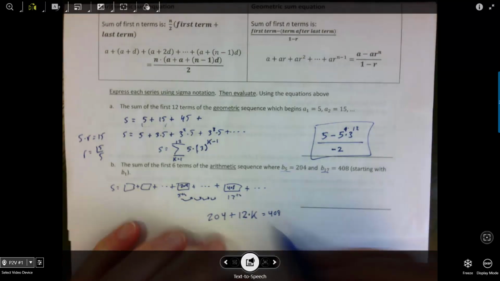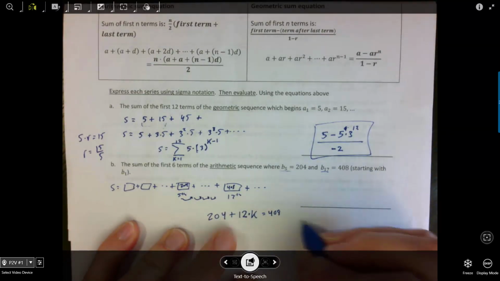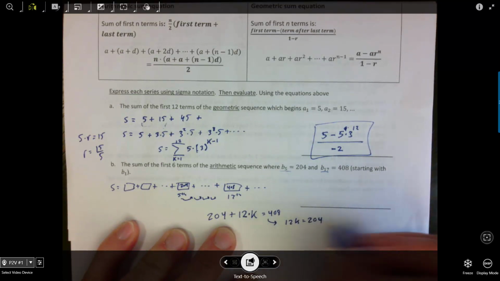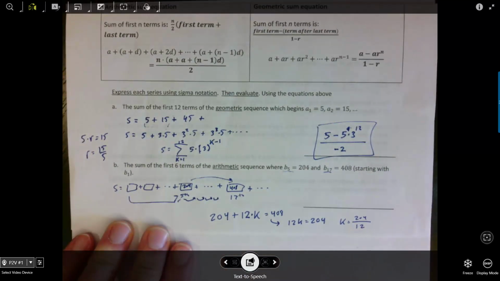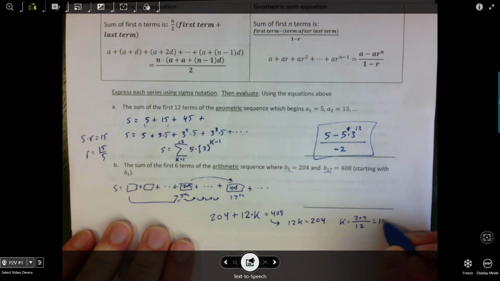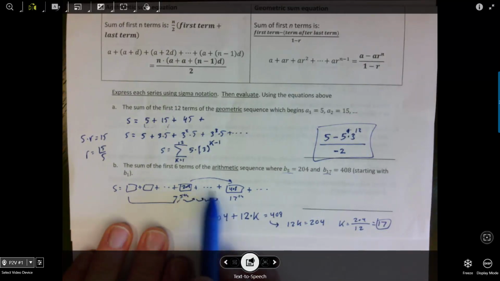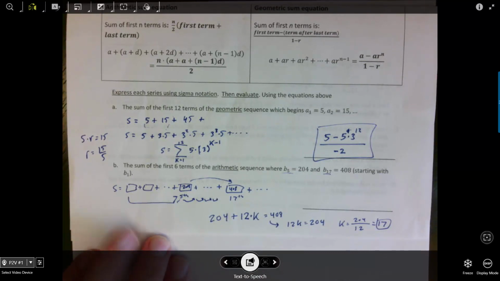So, 408 minus 204 gives me 12k is 204, and so k is 204 divided by 12, which is 17. Great. So we know every term is 17 larger than the previous term.